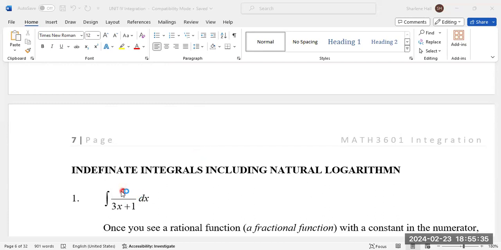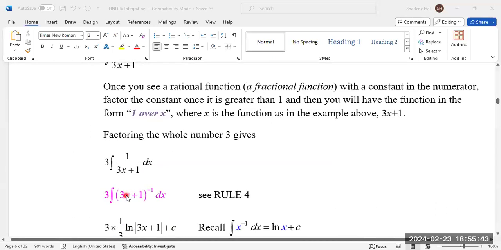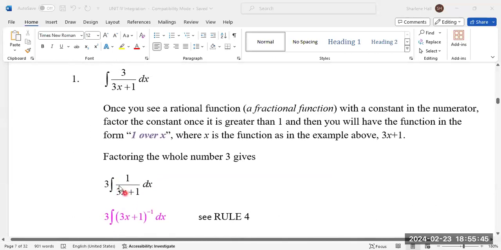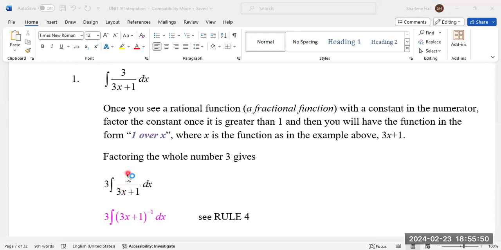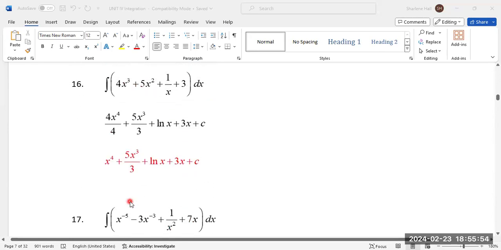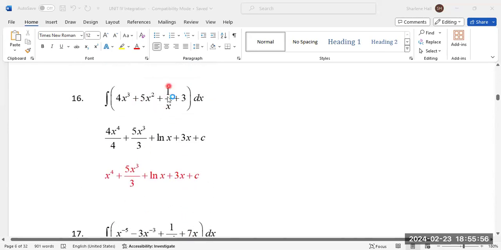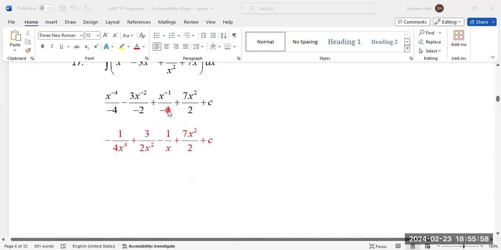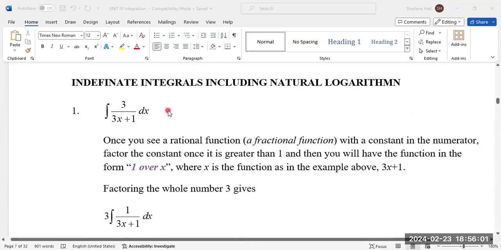Remember, from the laws that I gave you, I can factor out this 3 and call it 3 times the integral of 1 over 3x plus 1. So this is now 1 over x, not as simplistic as 1 over x alone. This one is 1 over 3x plus 1, right?